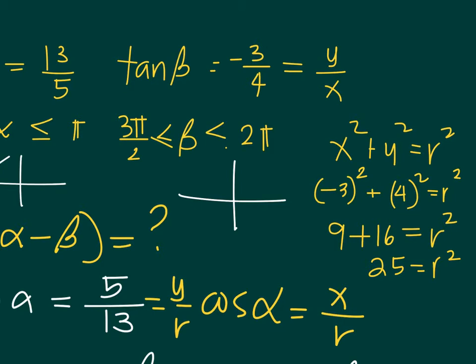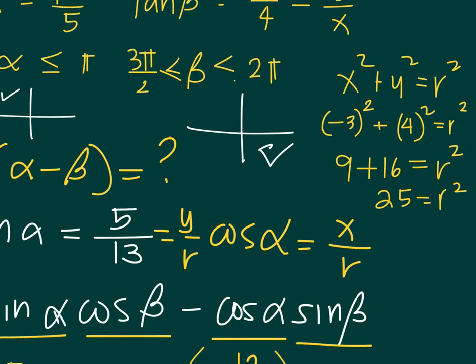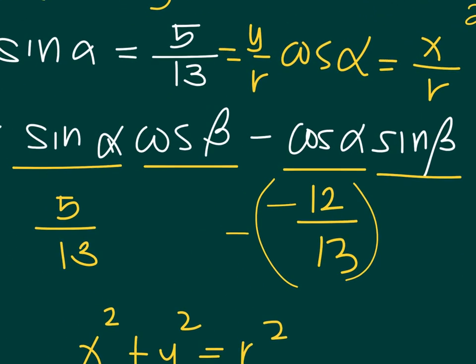Three pi over 2 is 270. Right? So we are in the fourth quadrant. In the fourth quadrant, cosine is positive and sine is negative. So cosine of beta is x over r. X is 4, over 5.